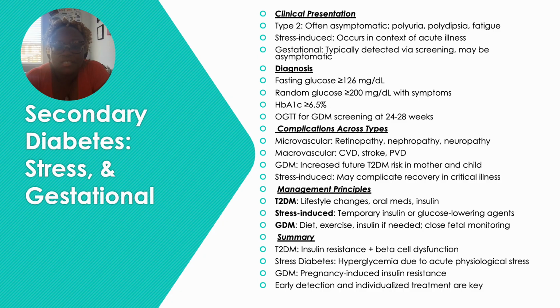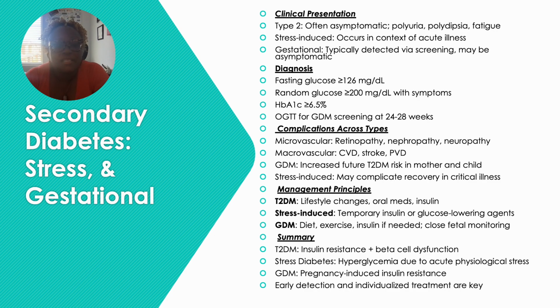So it's a correlation: having gestational diabetes increases their risk of getting type 2 diabetes in the future. So when we have those mothers and we do our assessment and we see that they have had gestational diabetes, we want to make sure that we pre-screen them and treat them as such, because they are at a higher risk of developing type 2 diabetes.